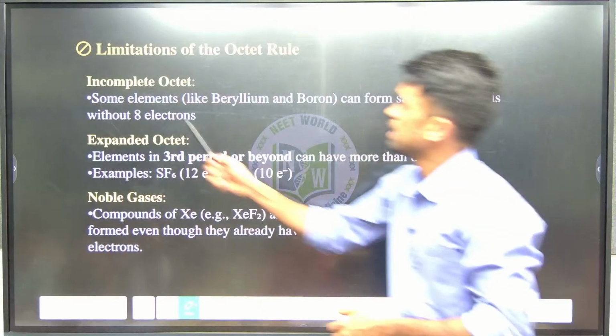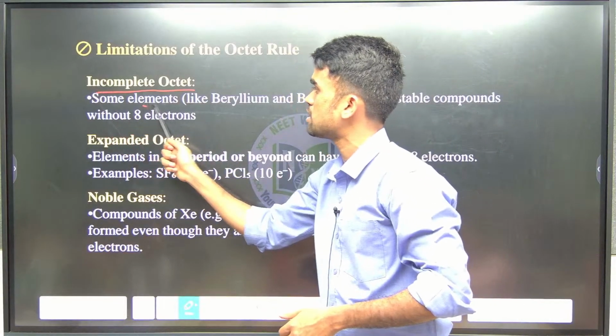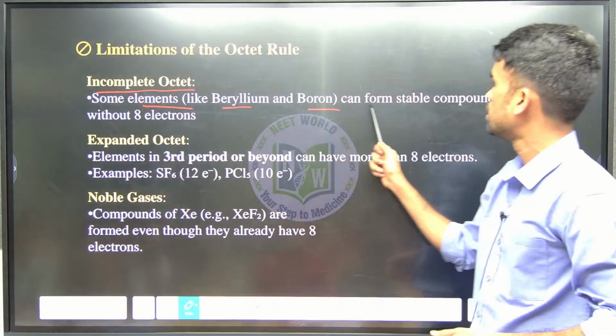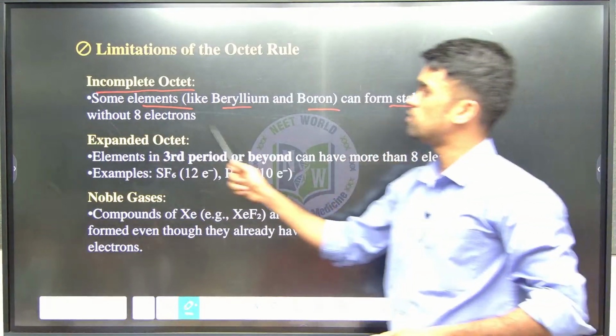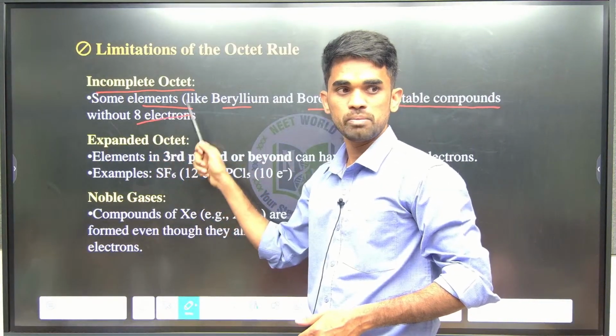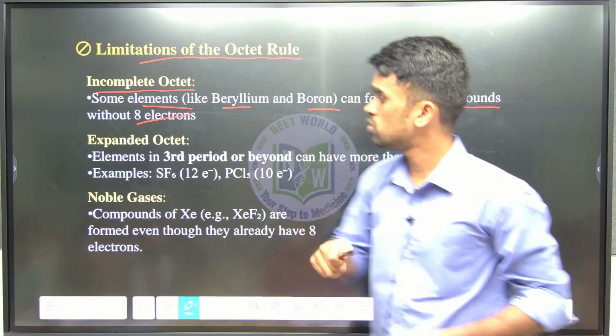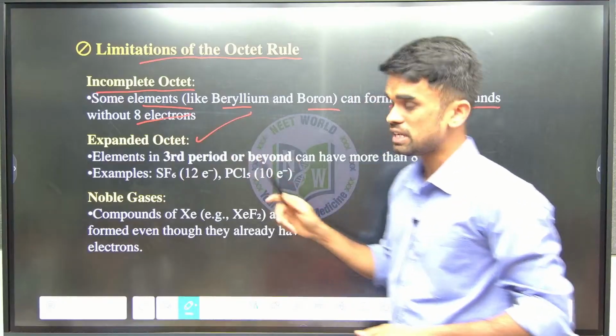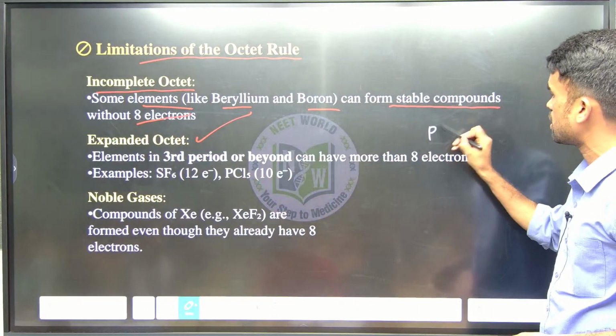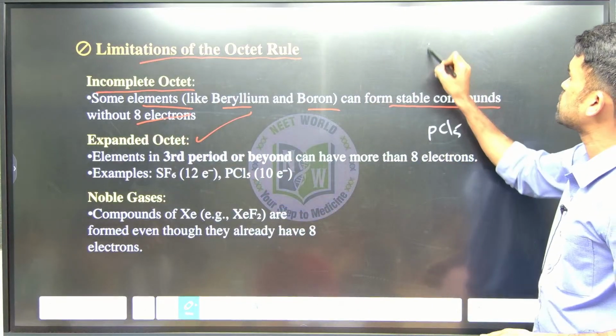Incomplete octet means some elements like beryllium and boron can form stable compounds without 8 electrons. This is a limitation. Next one, expanded octet. For example, PCl5 if you consider. So tell me, phosphorus is in which group?